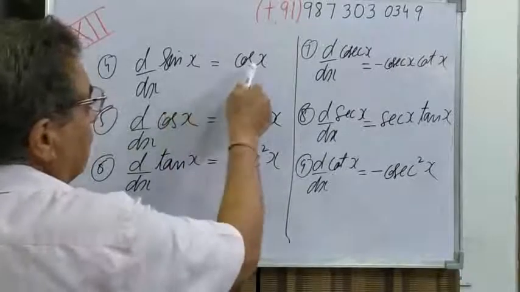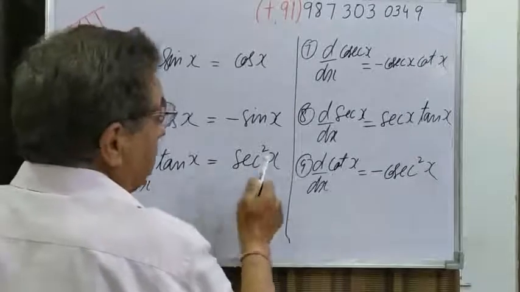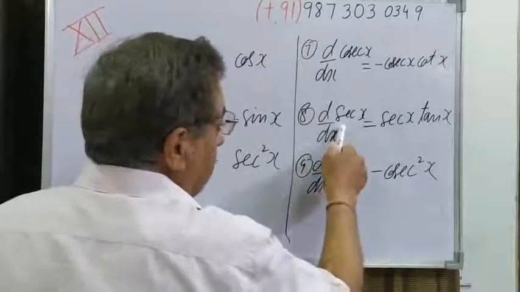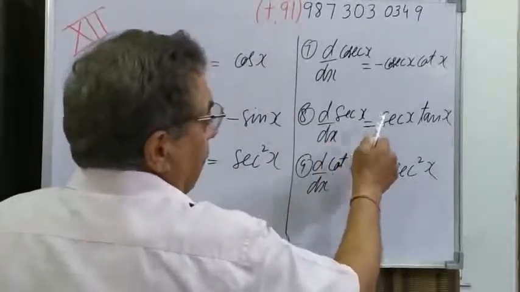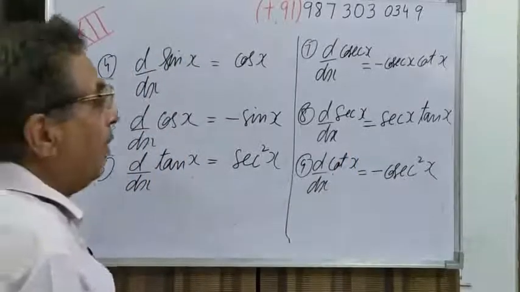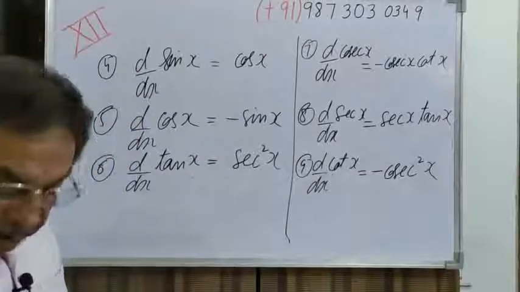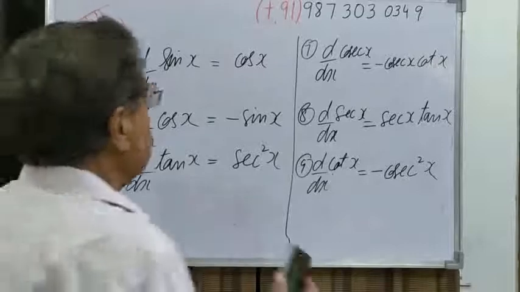So sin x gives positive cos x, tan x gives positive secant square x, and secant x gives positive secant x into tan x. This is what I have told you, the derivatives of all the trigonometric ratios.